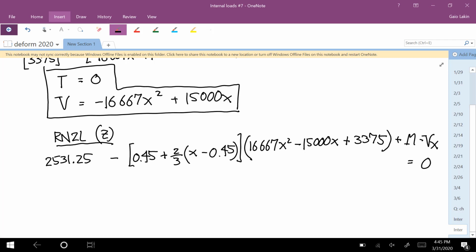Okay, well, let's see. I guess you can think of this as, so we have 2531.25. 2/3 of 0.45 is 0.3. So we can think of this whole thing as 0.15 plus 2x over 3.